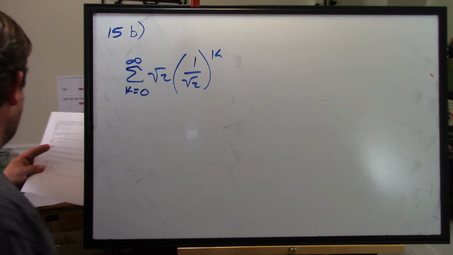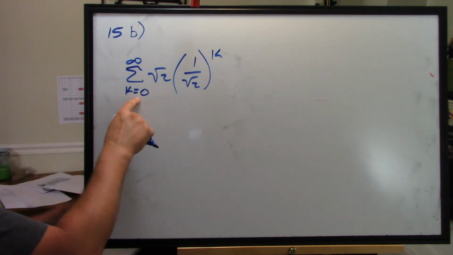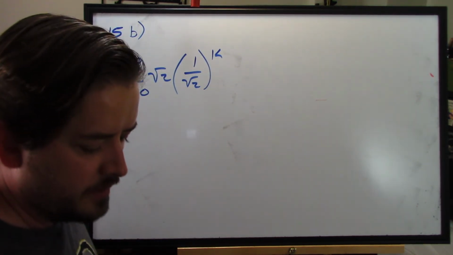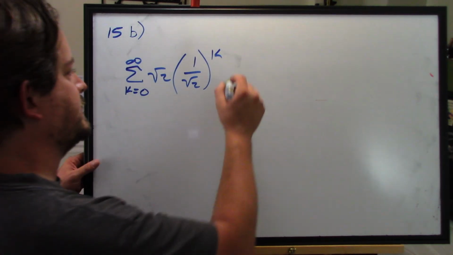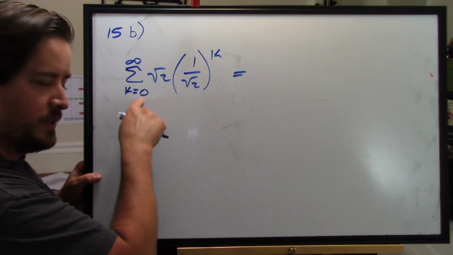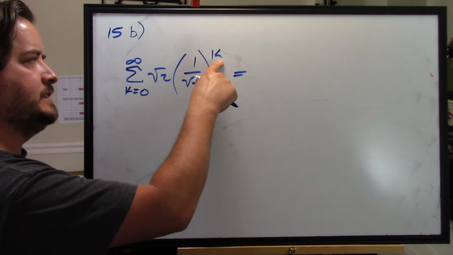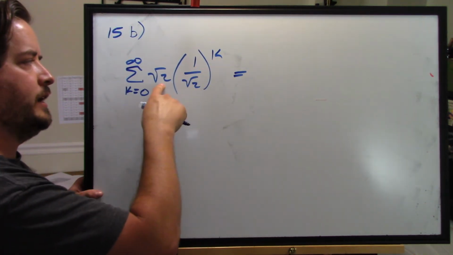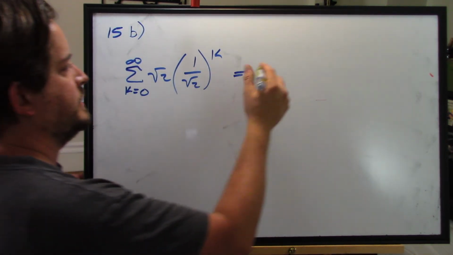So it's almost the same thing, except I'm starting at 0 in this case instead of 1. But I can go through the same process. I can still say the very first term, which is when k equals 0. But if k is 0, anything to the 0 is 1, so I end up with just 1 times root 2. That's just a root 2.